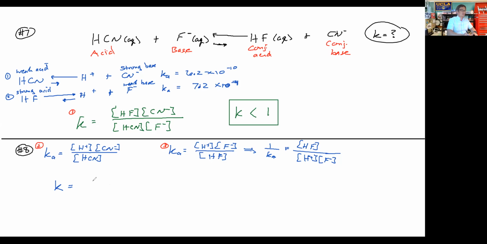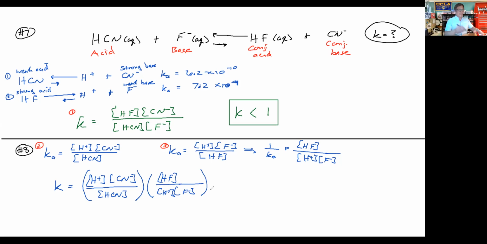We're going to take H plus times CN minus all over HCN, and we multiply that by this expression right here, which is going to give us HF over hydrogen ion concentration times F minus.